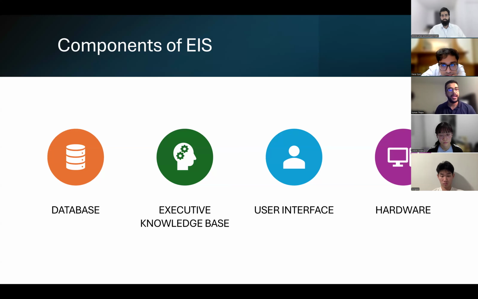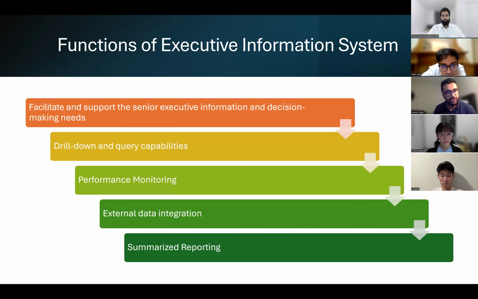And the last one is hardware, which refers to the devices and infrastructure required to run the system. Now, I'd like to further discuss the functions of the executive information system, which will give us a broad view of what and how the system works.